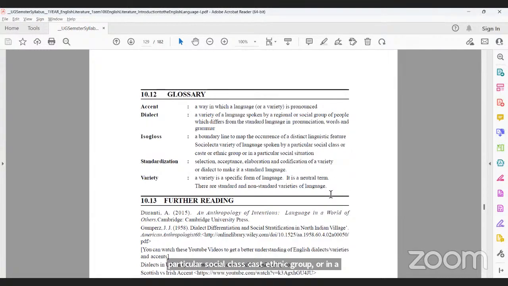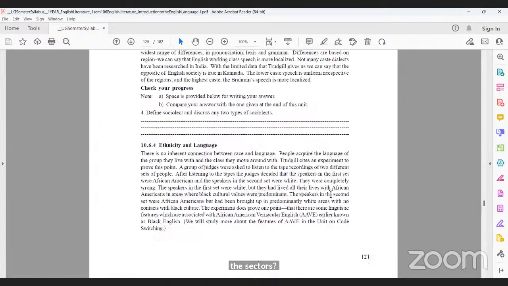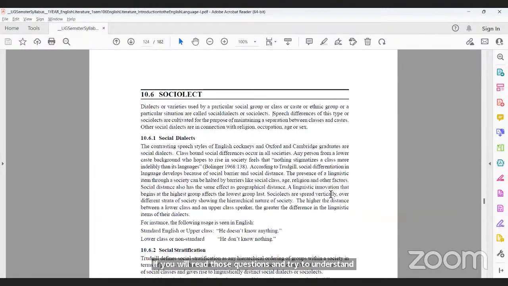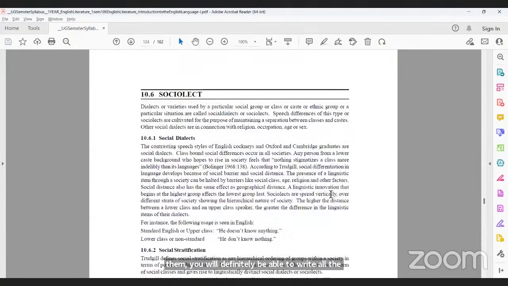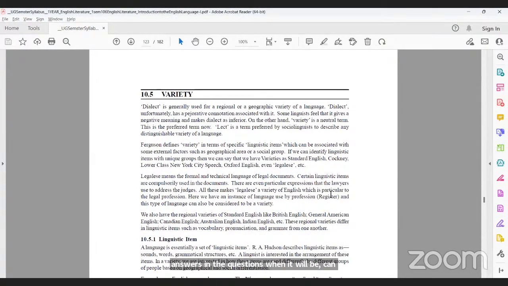So small, to-the-point definitions have also been given at the end of each chapter, and some of the important questions have also been written at the end of the chapters. If you read those questions and try to understand them, you will definitely be able to write all the answers when it comes in your exam, right?